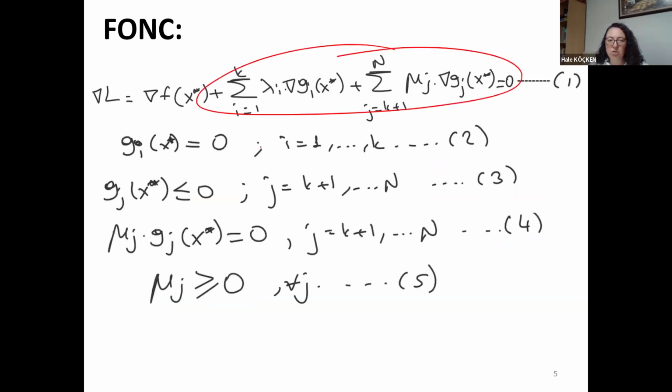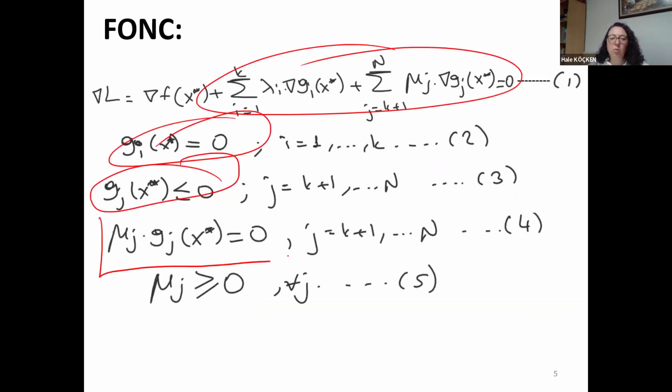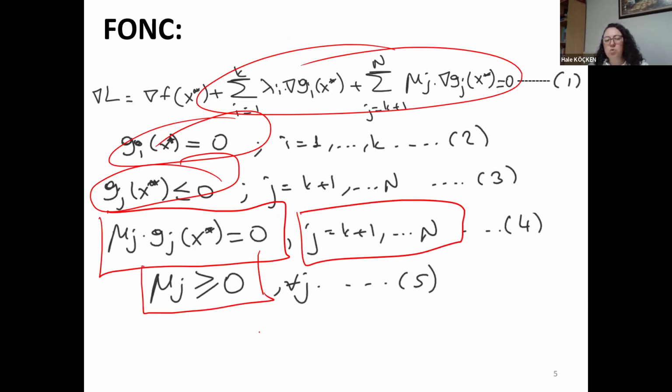This is the stationary condition, original equality, original inequality. This is the complementary condition that we call for inequalities only. Also, by definition, mu_j, don't forget that inequality constraints will be written in the form of less than.